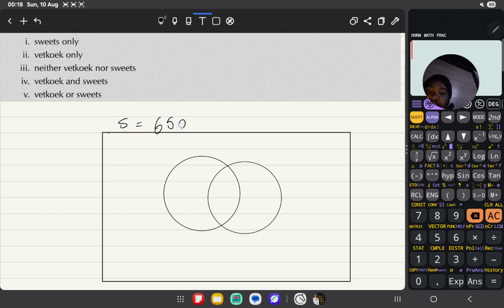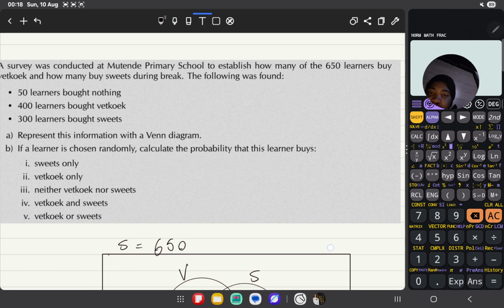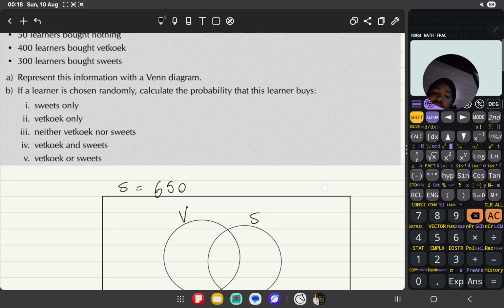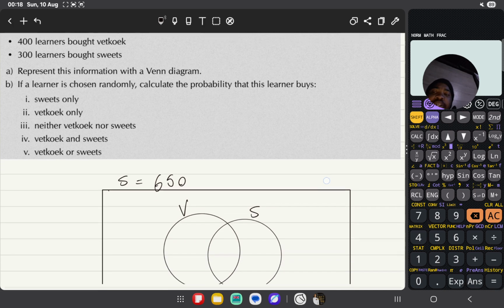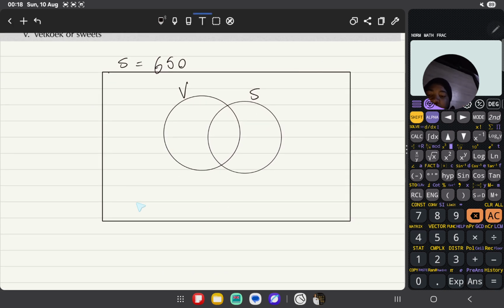There are 650 learners, and remember, I'll say fat cook for V and sweets for S. Cool. Here, I have 50 people who are buying nothing, and by nothing we mean they are not buying fat cooks and not buying sweets. So that number 50 is going to be anywhere outside.